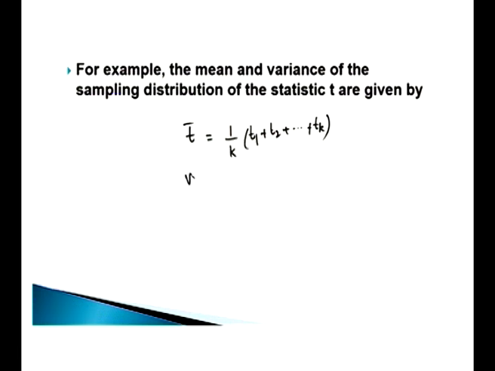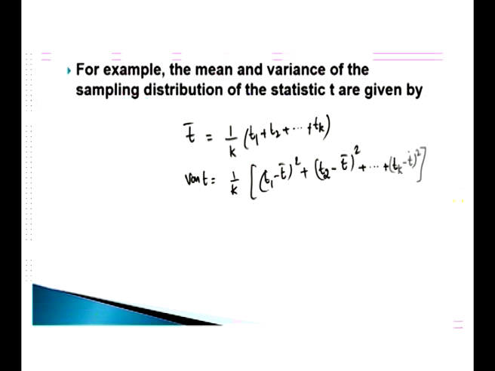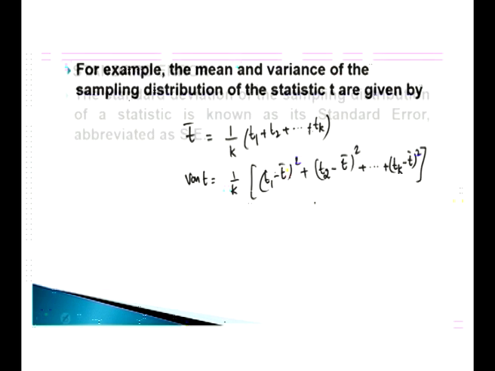And then the variance of T is equal to 1 by K times [(T1 minus T bar) whole square plus (T2 minus T bar) whole square plus etc. plus (Tk minus T bar) whole square]. Okay, this gives you the variance of T. So these are the two basic measures you can calculate for a random variable.